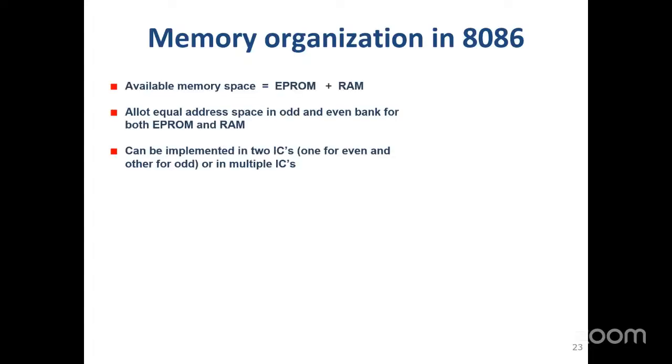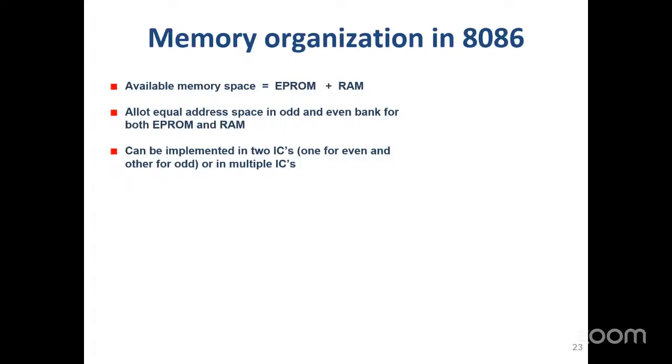Next, total memory. The EPROM is the external read-only memory, along with the random access memory. The total available memory of the processor is EPROM plus RAM. Next, allot equal address space in the odd and even bank for both EPROM and RAM.